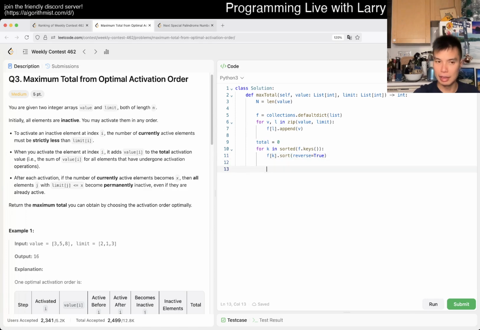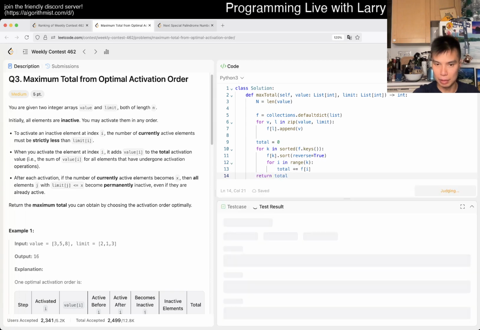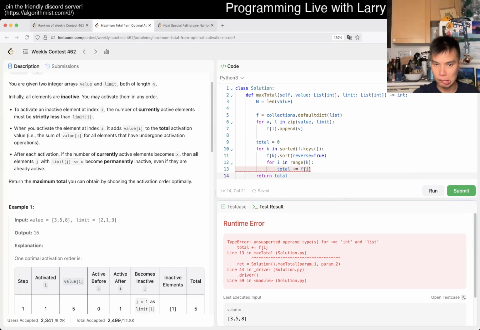Technically, you could use a k heap, but I think that's it, right? It's a really confusing looking problem, but I think that's fine. F k sub i.